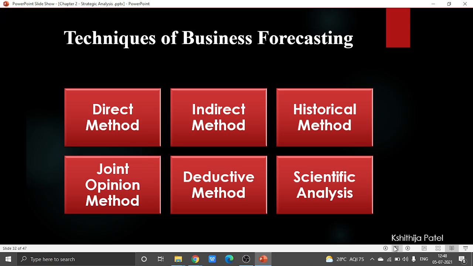So the one thing that we had not discussed was scientific analysis. That's why this particular page of information has been considered. This method is one of the latest approaches used in making business forecasts. Under this method, the principles of many disciplines are taken into consideration.